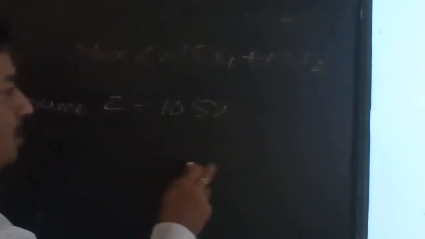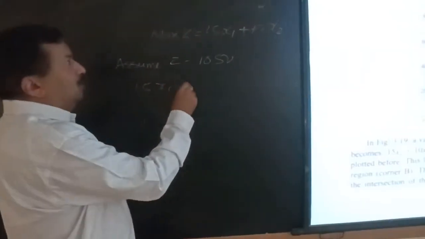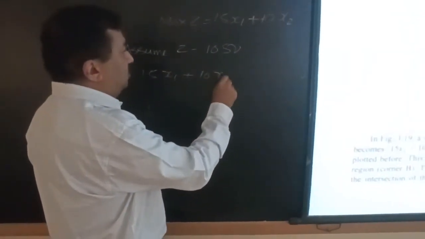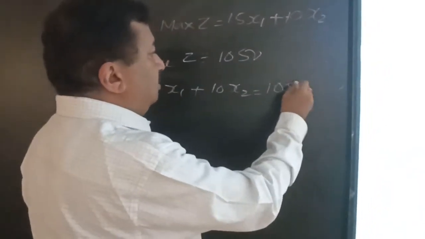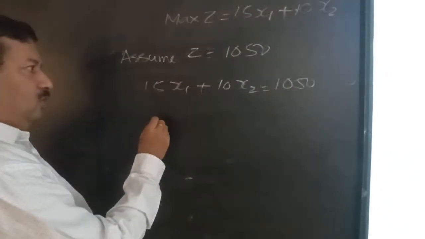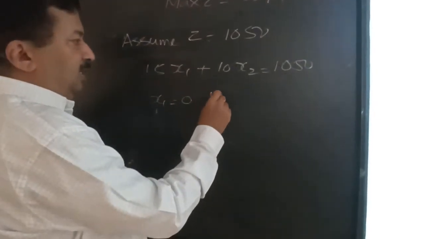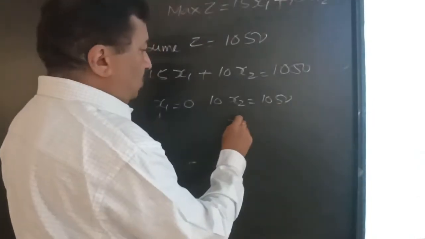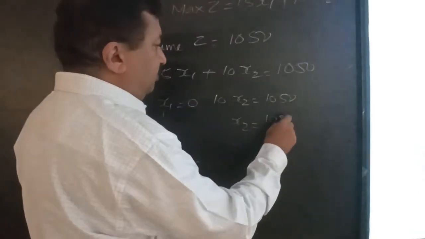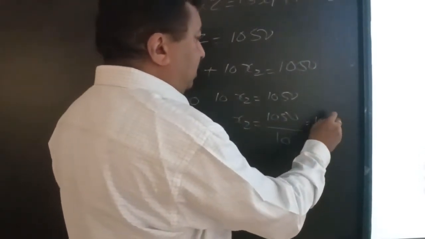We have shown that, 1050. 15x1 plus 10x2 is equal to 1050. Therefore, put x1 equal to 0. 10x2 is equal to 1050. Therefore, x2 is 1050 divided by 10, equal to 105.